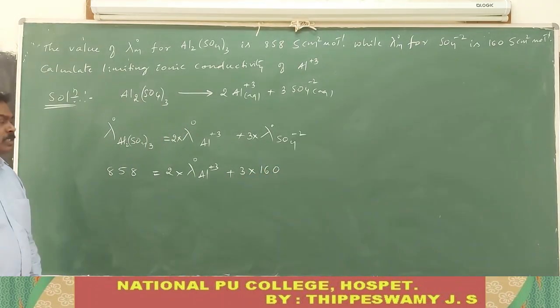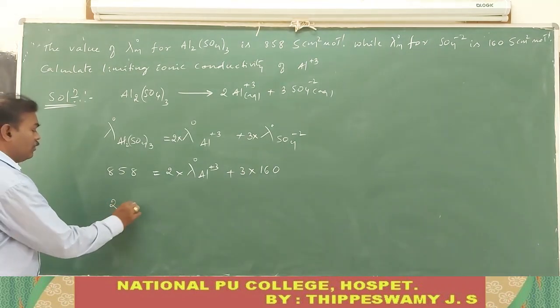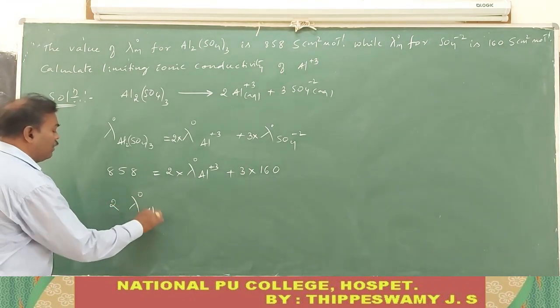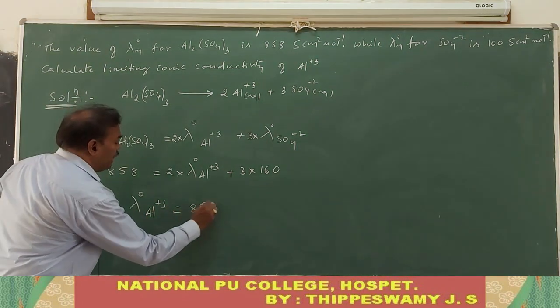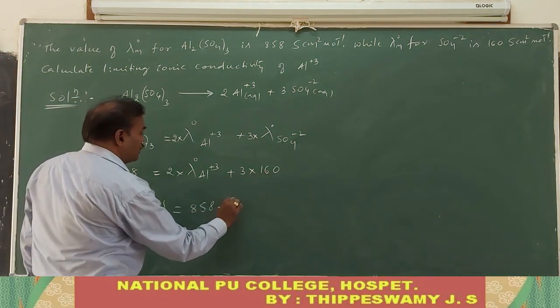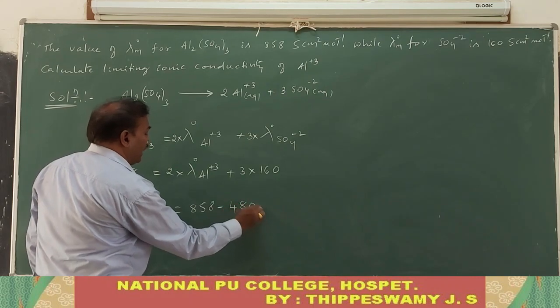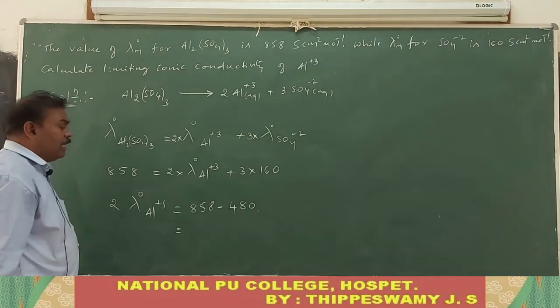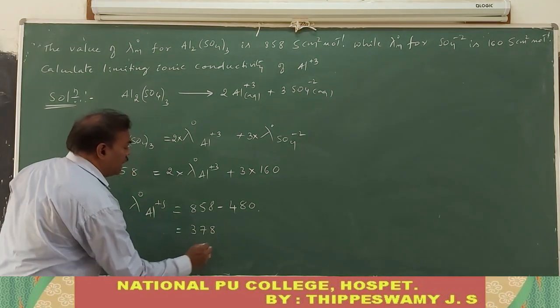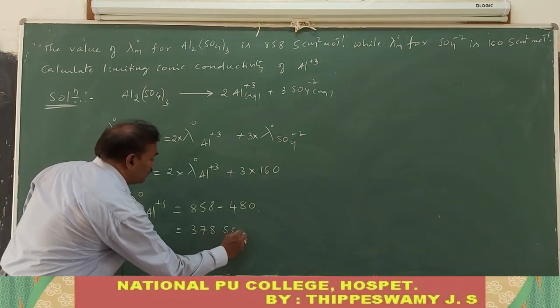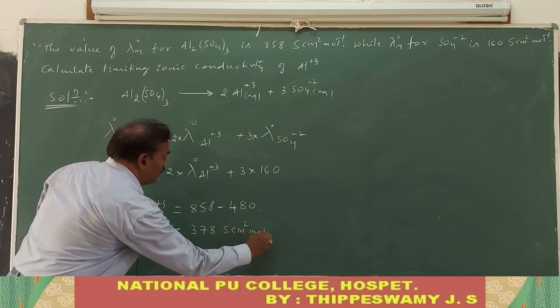Now 2 into the limiting molar conductivity of aluminum ion will be equal to 858 minus 3 into 160, that is 480. What is the value now? That is 378 Siemens centimeter square per mole.